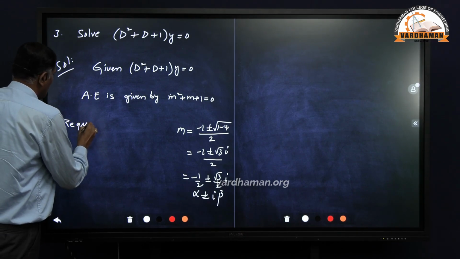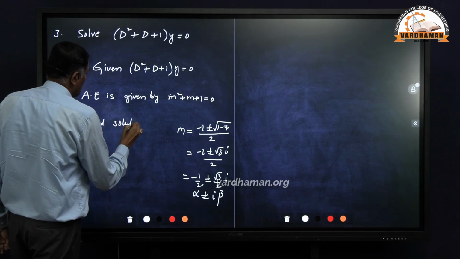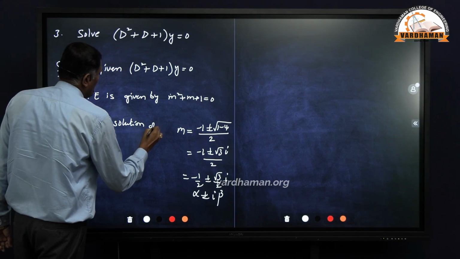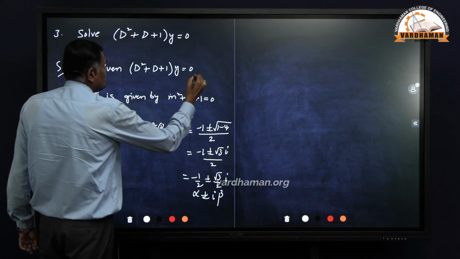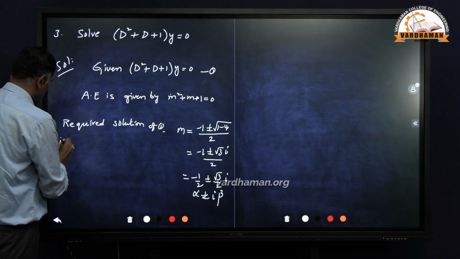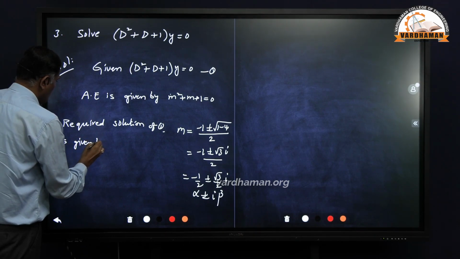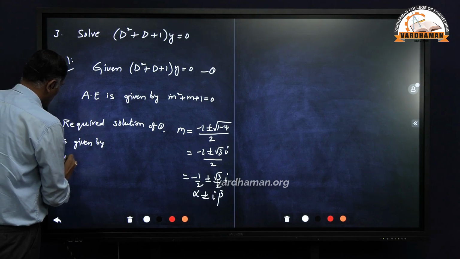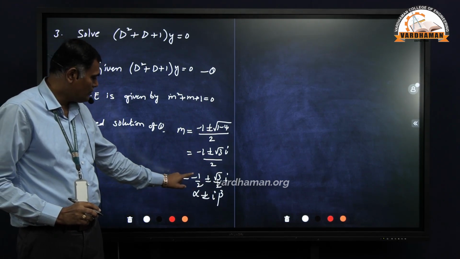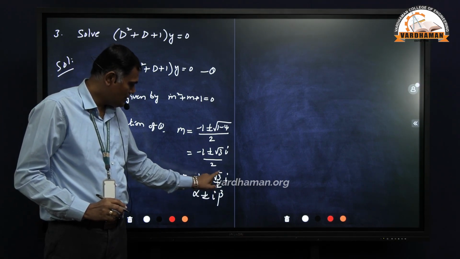Required solution of 1, I am taking this as 1, let us say, is given by y equals, here roots are complex and distinct, alpha is minus 1 by 2, that is the real part of this one, beta is nothing but root 3 by 2.